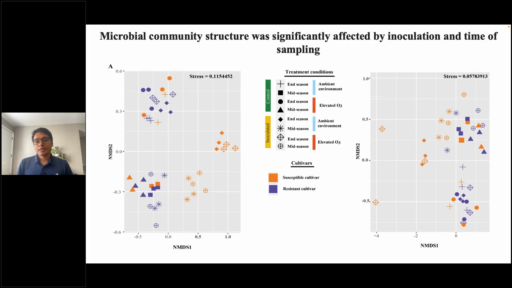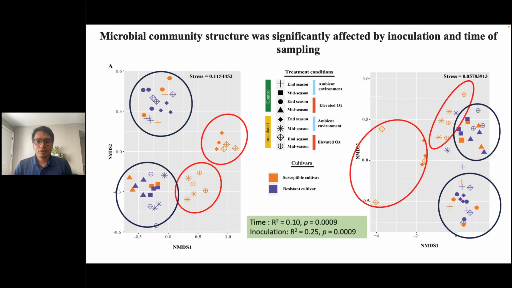Then, to visualize the difference between the bacterial and eukaryotic community structures between the samples and the two environmental conditions, a non-metric multidimensional scaling was performed on Bray-Curtis dissimilarity, using cultivars, time of sampling, environment, and inoculation as independent variables. And overall, we saw the effect of timing and inoculation was very significant in shaping the bacterial communities.